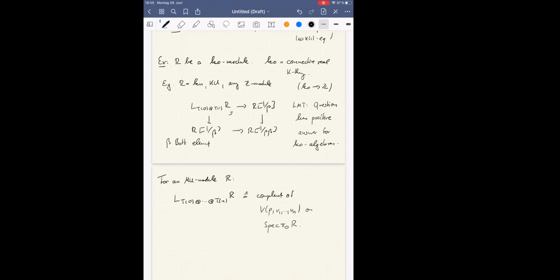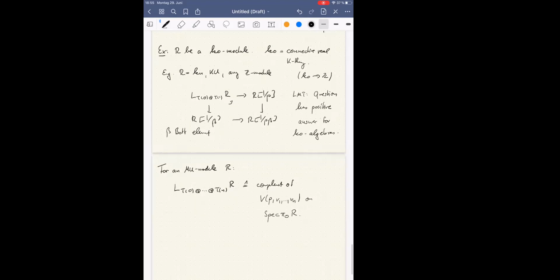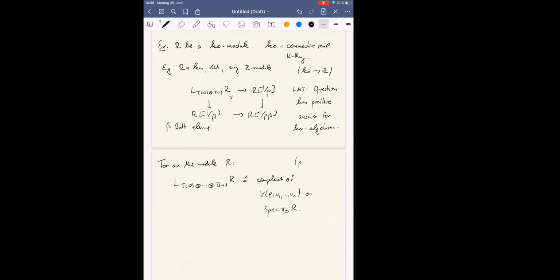So what does it mean? Let's assume this is P local, else it doesn't really make sense maybe. So we have elements v1 to vn in pi star MU localized at P. And maybe it's not just a module. If I phrase it like this, it should be an algebra.